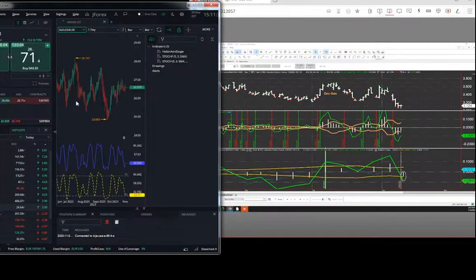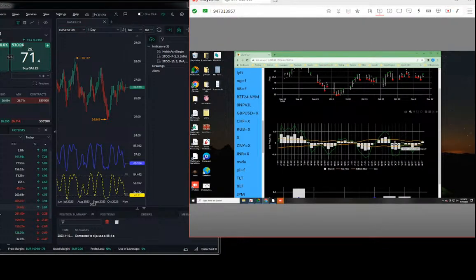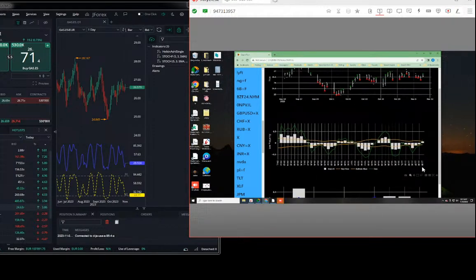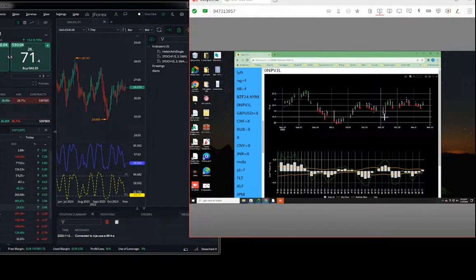This is an energy company in Spain, 26.65 bid, 71 offered. And you can see right here, we've been in a daily sell for many, many weeks, and a weekly buy. It's been a neutral position. And now we're flirting with the weekly sell as we speak. We're seeing pressure on it. So if this thing will get back into the sell, maybe it'll come back down into the low or mid 25s. And that's the energy and how it's trading in Europe.